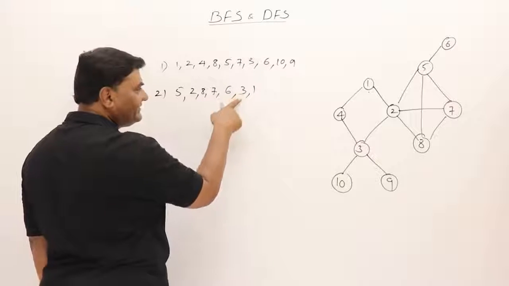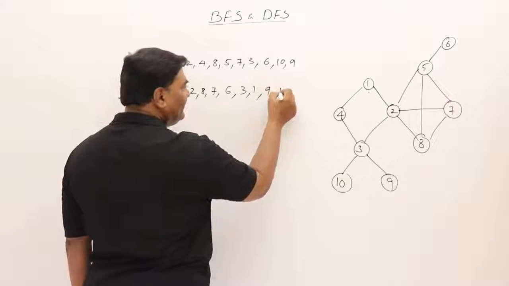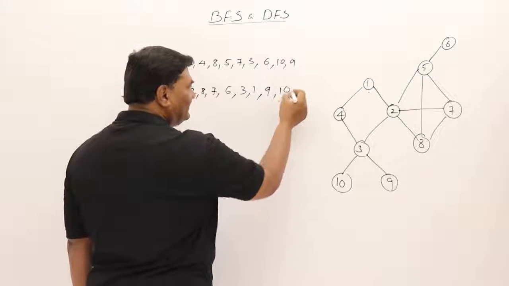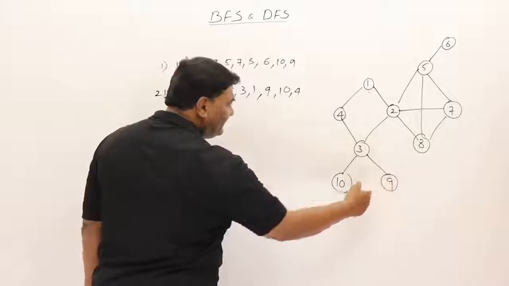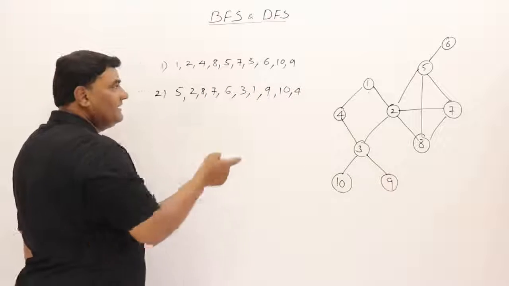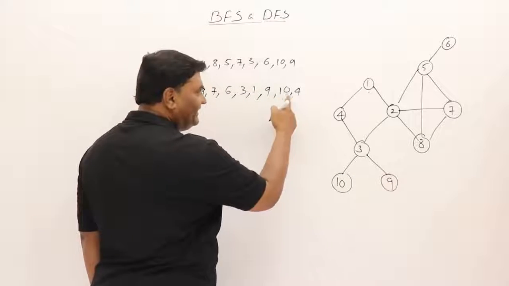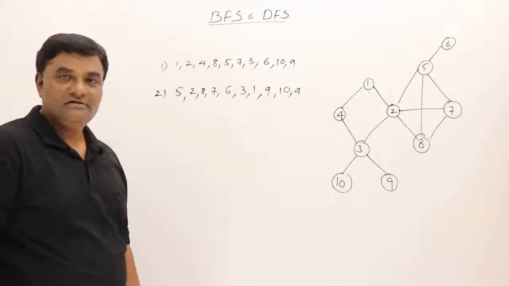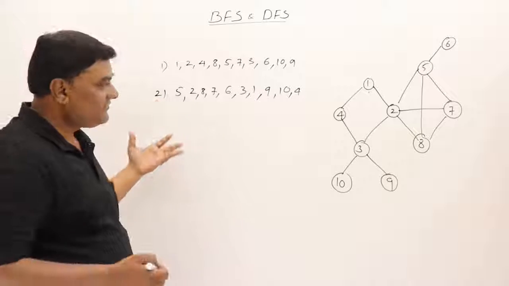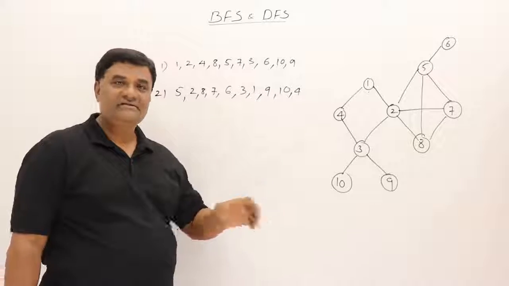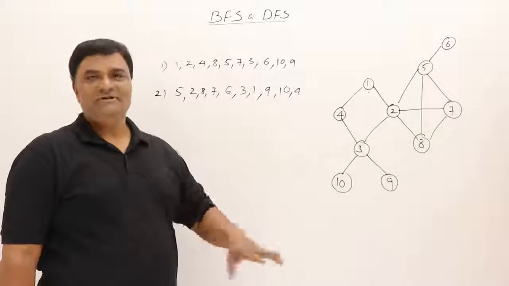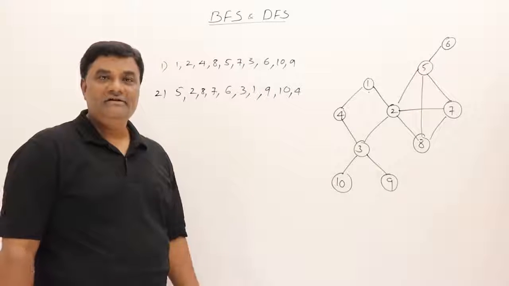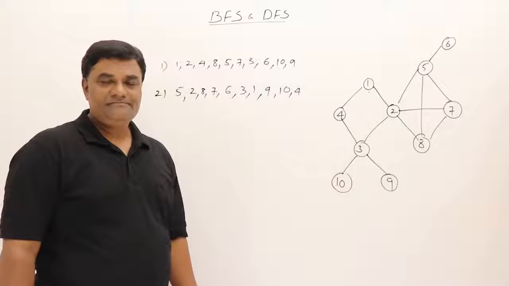Explore 3, so 9 and 10 and 4. Now explore 1, nothing is remaining. 9, 10, 4, all are visited. So this is also valid. Like this you can start from any vertex and visit the adjacent ones in any order, so you can form a numerous number of valid breadth first searches.